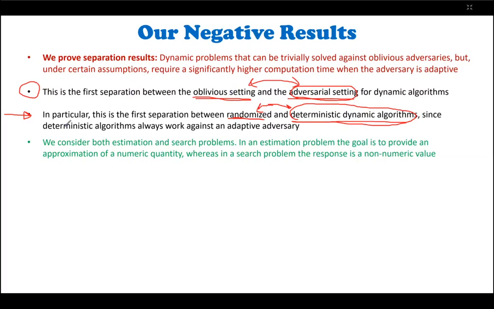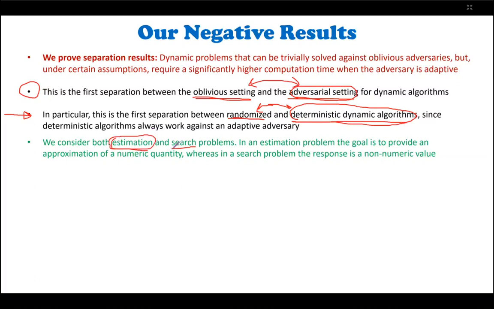For our separation results, we consider two types of dynamic problems. We consider estimation problems, where the desired output is a number. And we consider search problems, where the desired output is not necessarily a number. So with our global min cut example, if you want either the size of the global min cut or an estimation for the size of the global min cut, then that's an estimation problem.